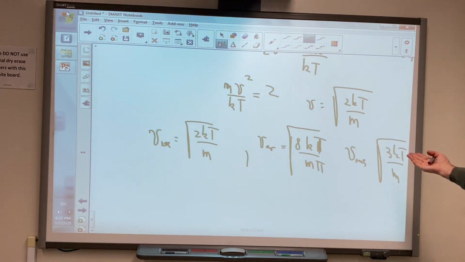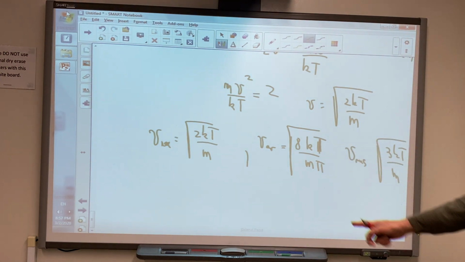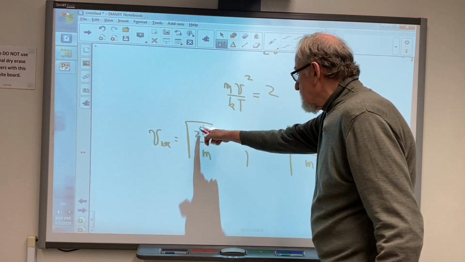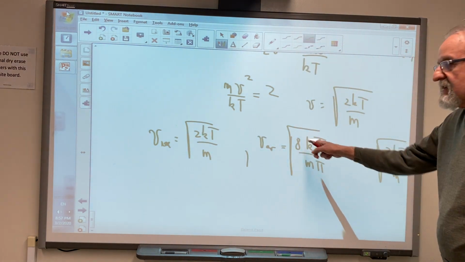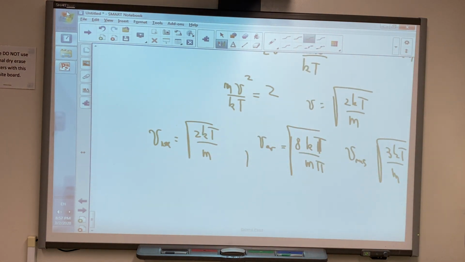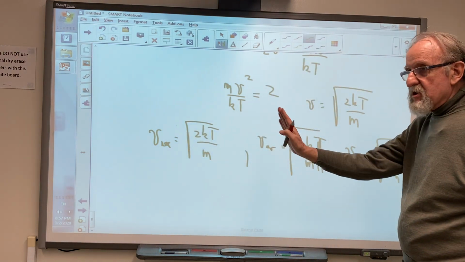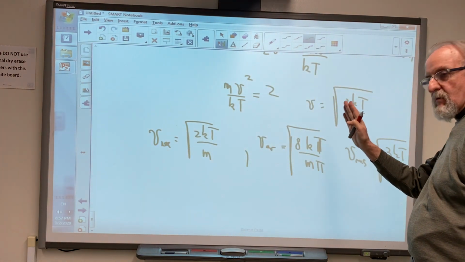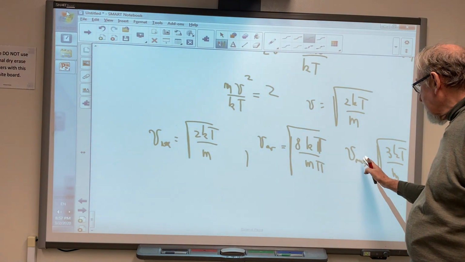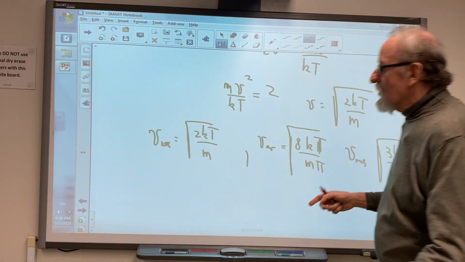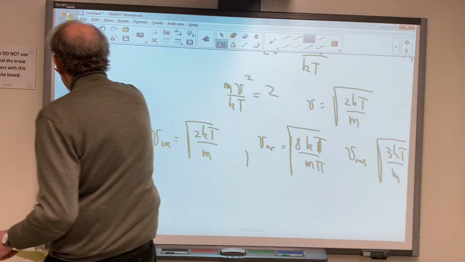These three quantities are comparable: this is the smallest, this is square root of 2, this is square root of 8 over pi, which is 2.6 or something, this is square root of 3. So the maximum falls first, the average speed is to the right of the maximum, and the RMS is even more to the right, which is what that picture here was showing.